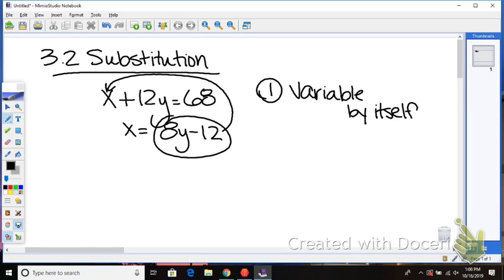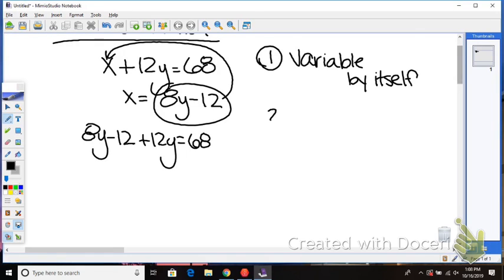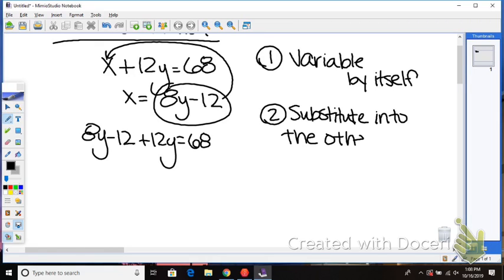So we're just going to rewrite it: 8y minus 12 plus 12y equals 68. I have done zero math. All I've done is substitute in what x equals. So that's step 2: substitute into the other equation.